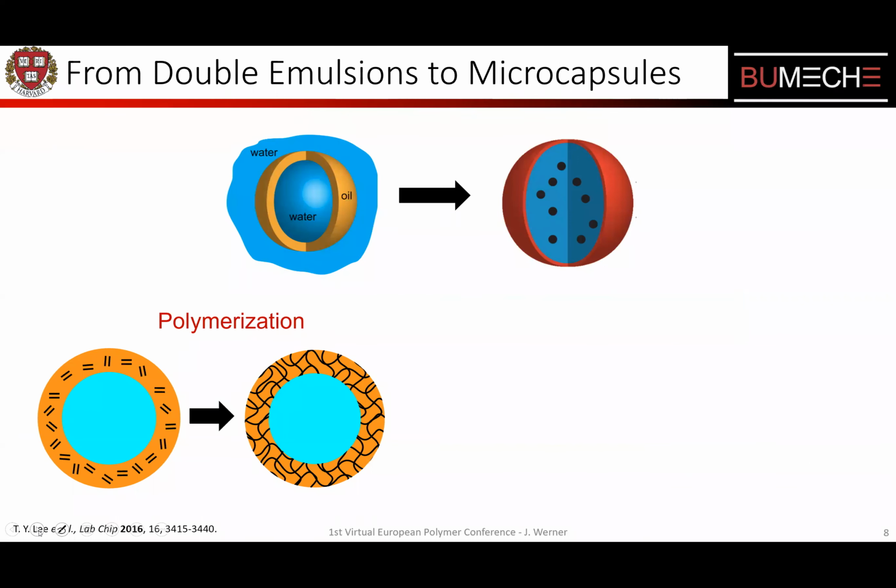So now the question is, how do we solidify our double emulsion shells to get microcapsules? Two common ways I want to mention here. One is using monomers as the oil shell or part of the oil shell that you can simply, upon a UV or heat trigger, polymerize to make a solid cross-linked shell.